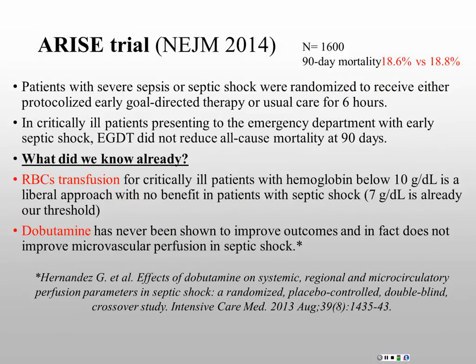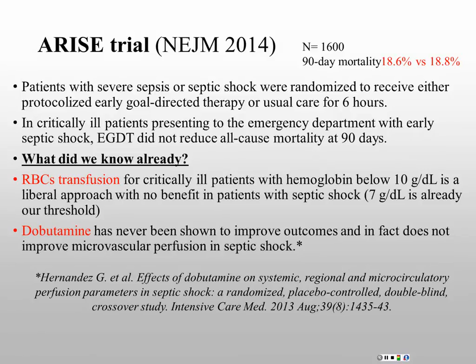We do it at 7, so this didn't make a difference in mortality as well, and neither did using dobutamine. Again, know that the most important things are early recognition of sepsis, fluid, antibiotics, and you can give the fluid and then vasopressor therapy, but the bundle originally described in 2001 didn't show a difference in mortality.